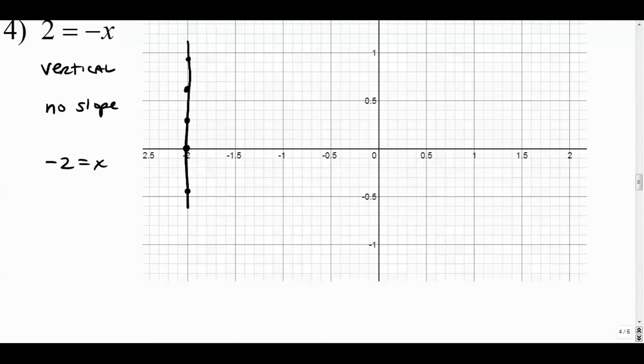That's a vertical line. And it graphs like that, just a little bit straighter hopefully. And that's just something you might want to memorize. When you have x equal to any number, any constant, it's always vertical.